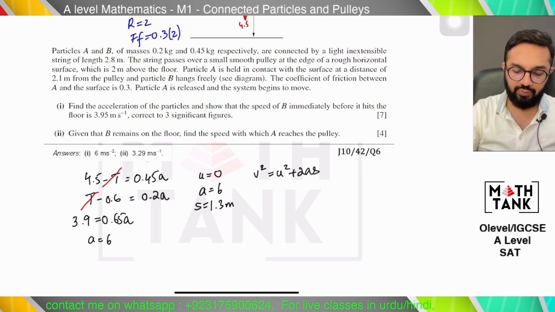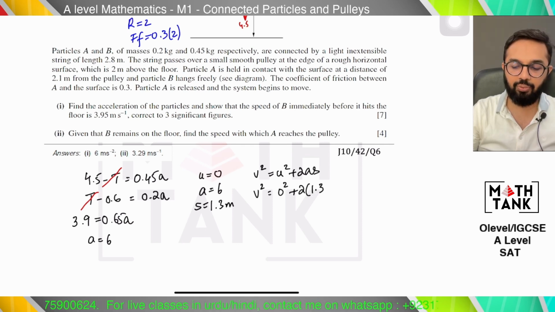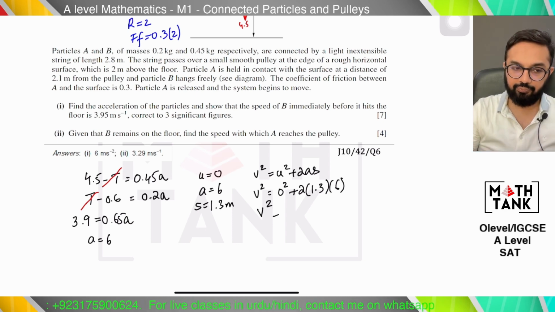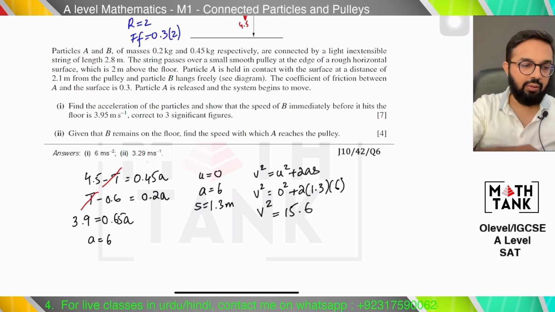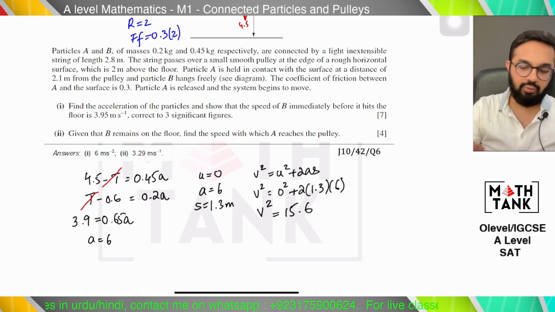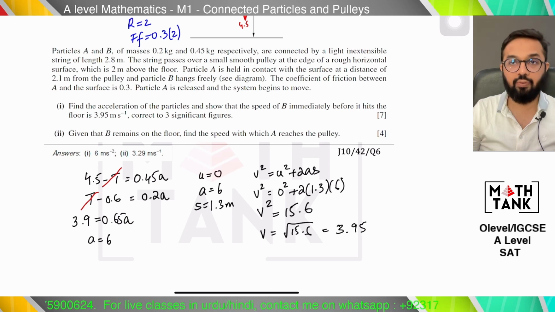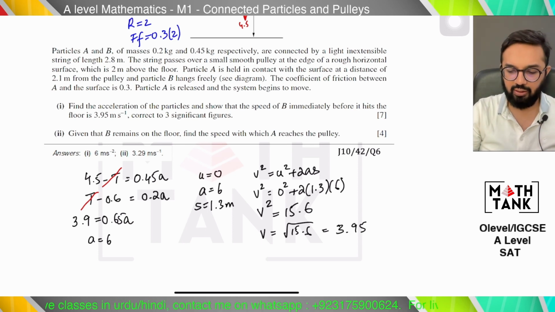Let's see if that gives us the correct answer. 0 squared plus 2 times 1.3 times 6, which is 15.6. And the root of 15.6 is 3.949, which gives me 3.95 approximately.